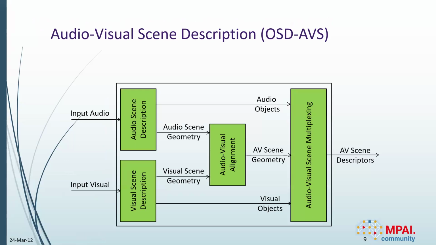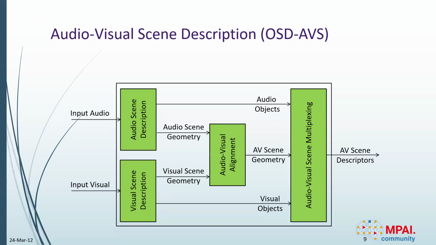This is another important composite AIM that is called audiovisual scene description. In our approach, we have the component that is the audio scene description, another component that is called input visual. They are integrated and we extract the information from geometry of the audio scene and the geometry of the visual scene.